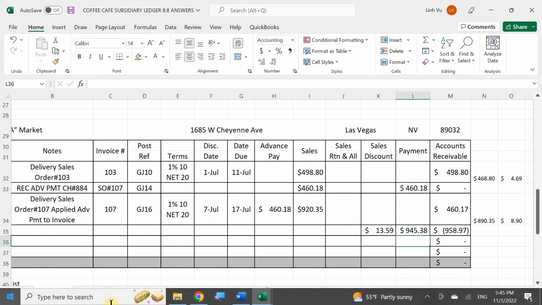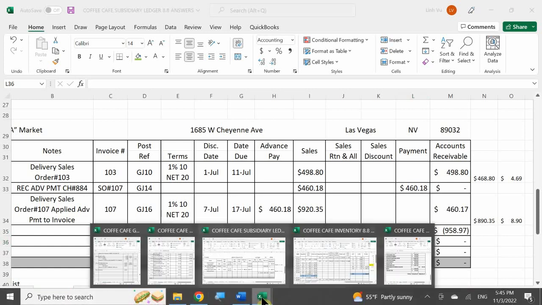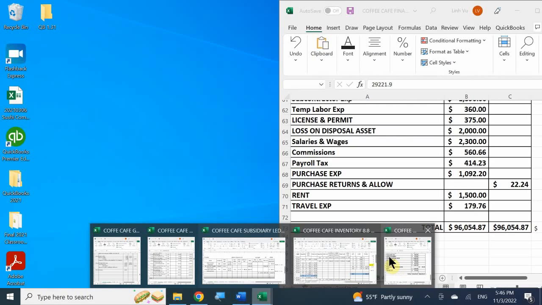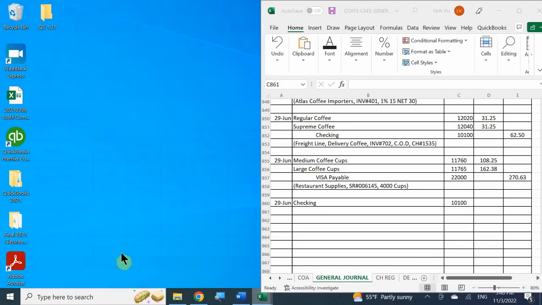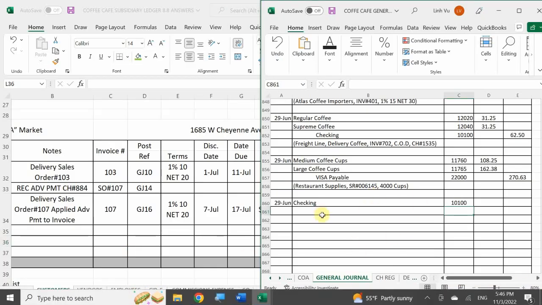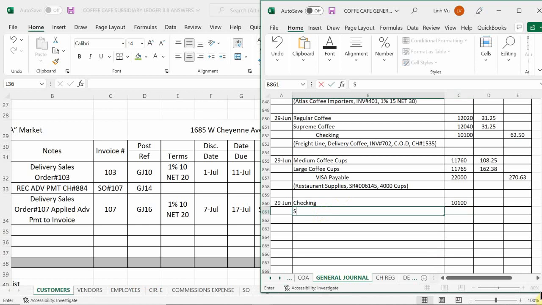$945.38. Okay, so you're going to record that we gave them a sales discount, and that they're going to be reducing the accounts receivable.